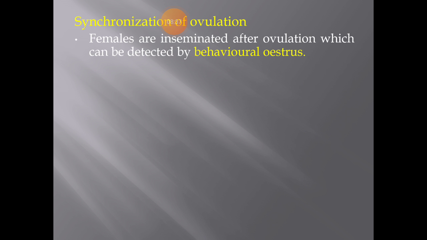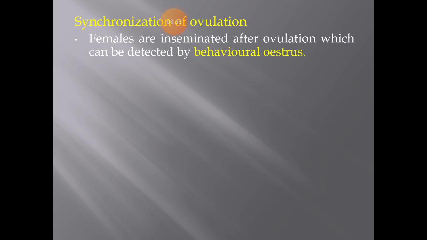The second step in artificial insemination is synchronization of ovulation. How is it done? What is ovulation? Ovulation is the release of the ovum from the Graafian follicle in an estrus cycle.